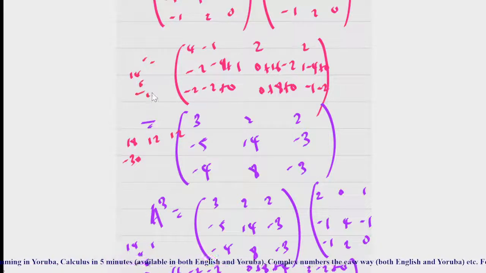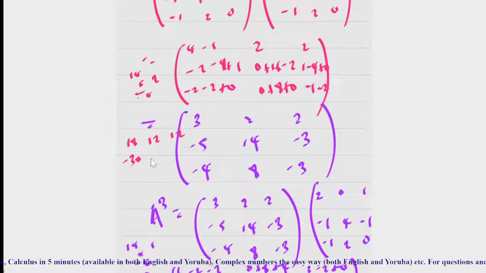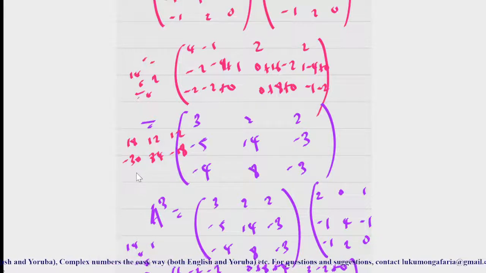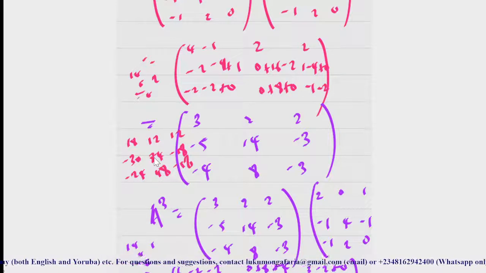And 14 times 6, this is 84. Minus 18. I hope you understand what I'm doing. Minus 24, 48 minus 18. So 18, 12, 12 minus 30, 84 minus 18, 24, 48 minus 18.